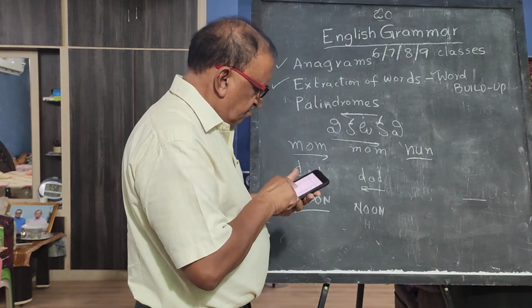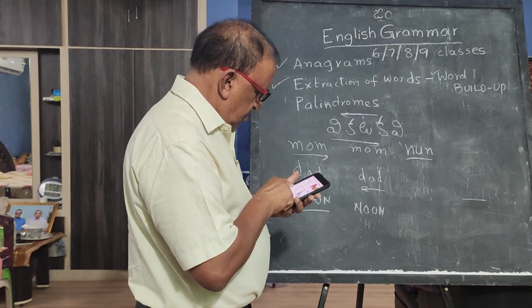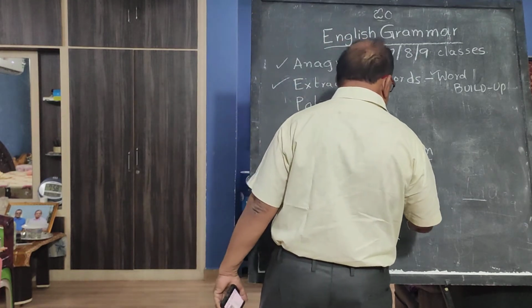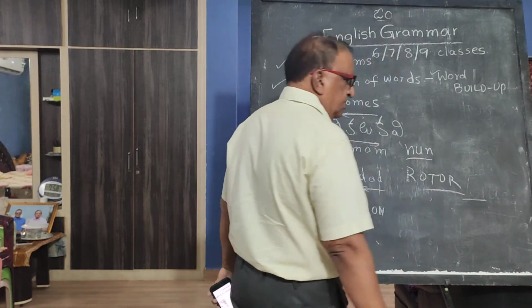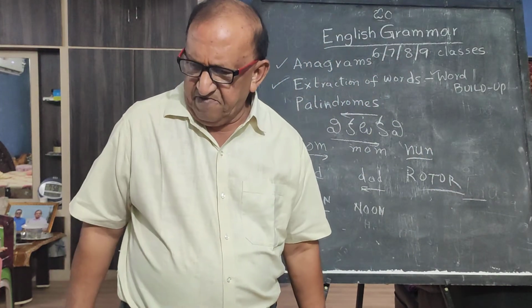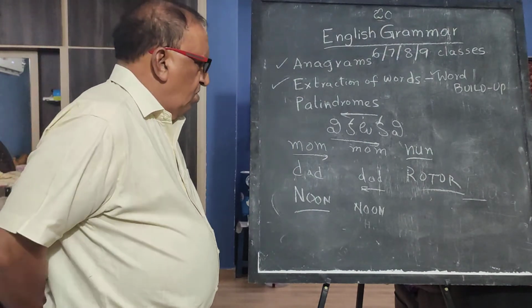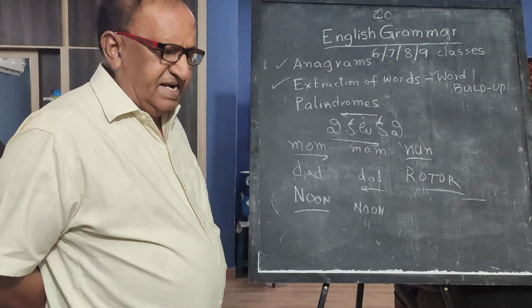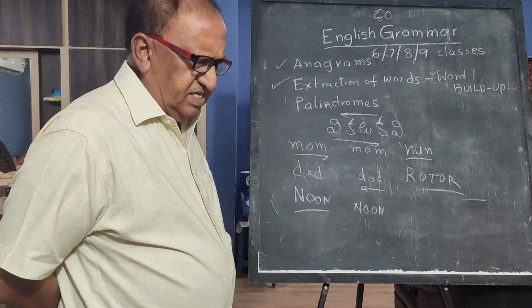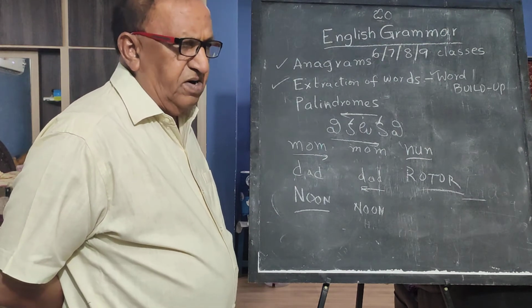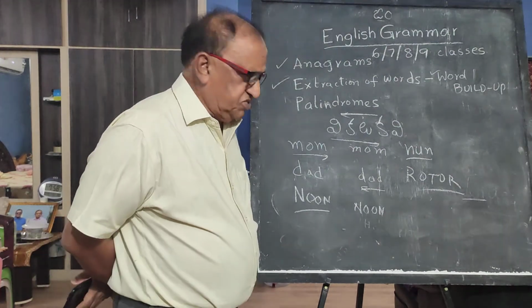Rotor, as in a motor, you have the rotor, R-O-T-O-R. That's it. So, a palindrome is a word which, when read in one direction, gives you the same word if you read in the opposite direction also.